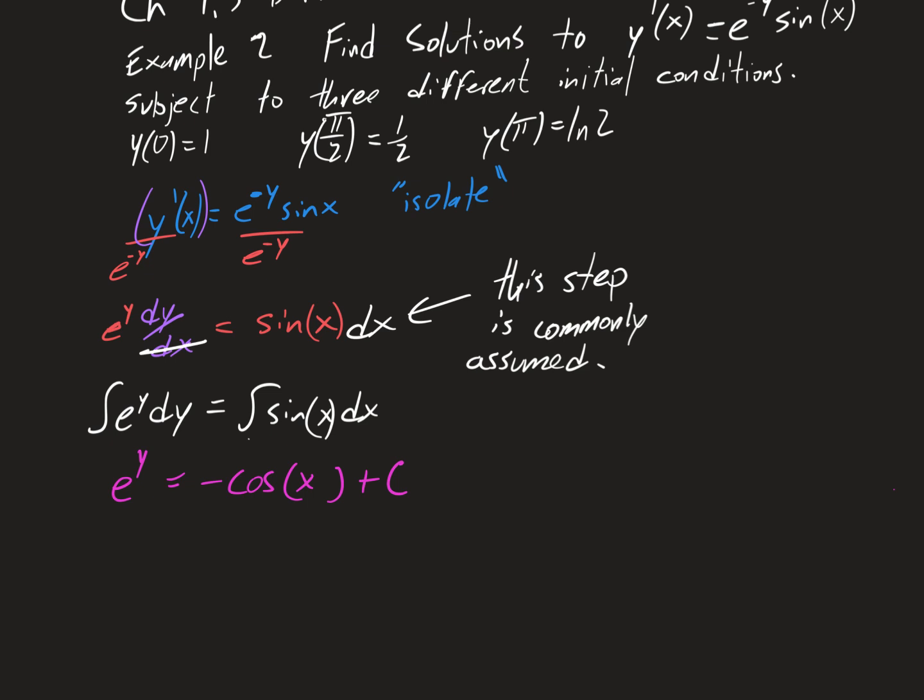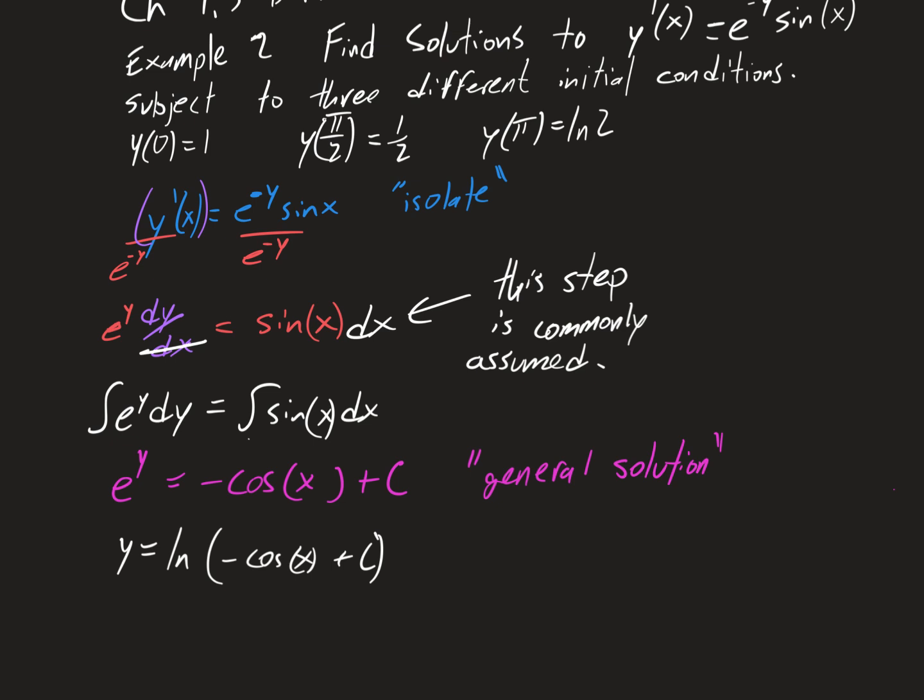Okay, now with this, we have the general solution. And what we can do is rewrite this in terms of y if we want. So we could make this, by taking the natural log, y equals ln of negative cosine x plus c.